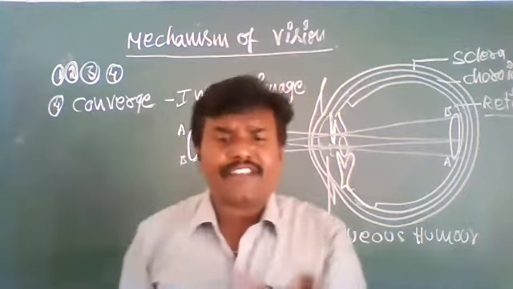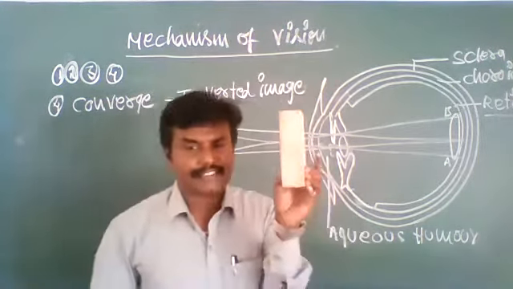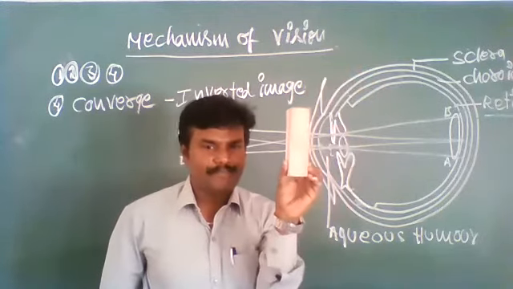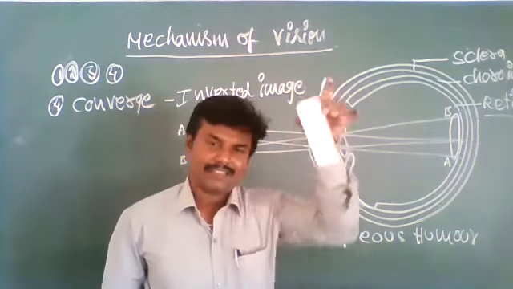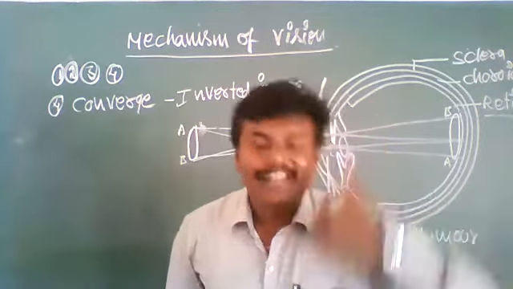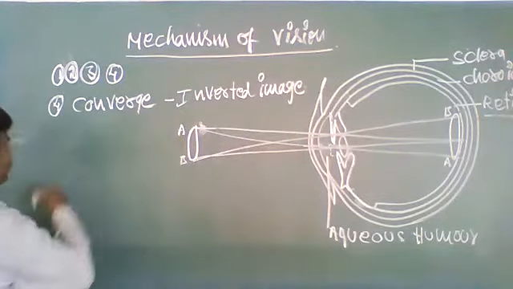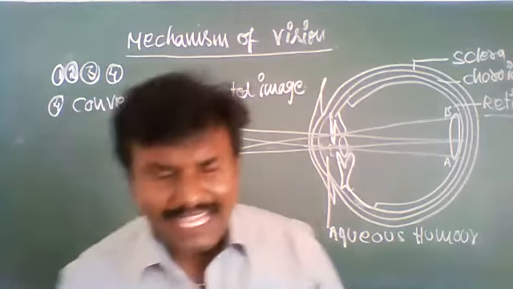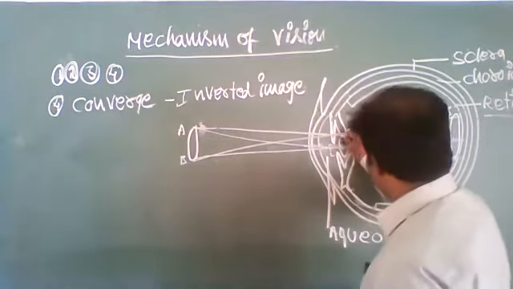What is the meaning of inverted? Everybody knows that. It is the up and down direction, so the image is in an upside-down position on our retina. Next, see here, this is called the lens.